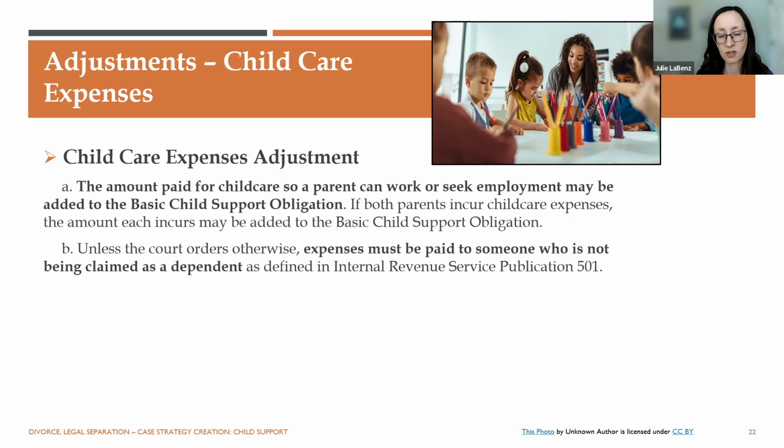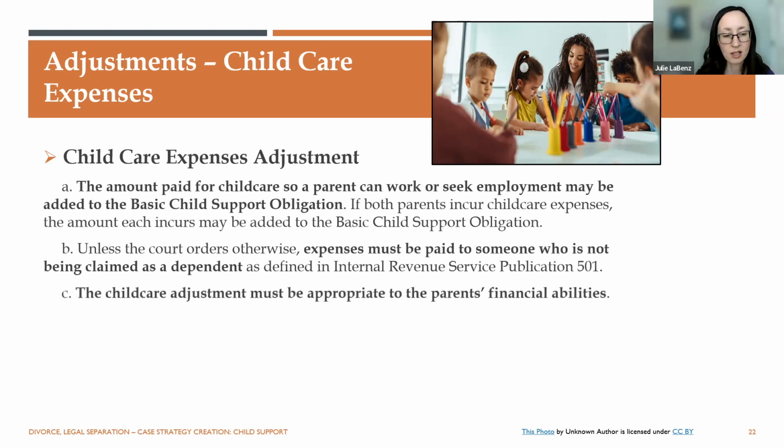Let's say you have an adult child and they're going to be your child care. If you claim them as a dependent on your taxes, then you can't get a credit for that payment in the child support calculator. The child care adjustment must be appropriate to the parent's financial abilities.